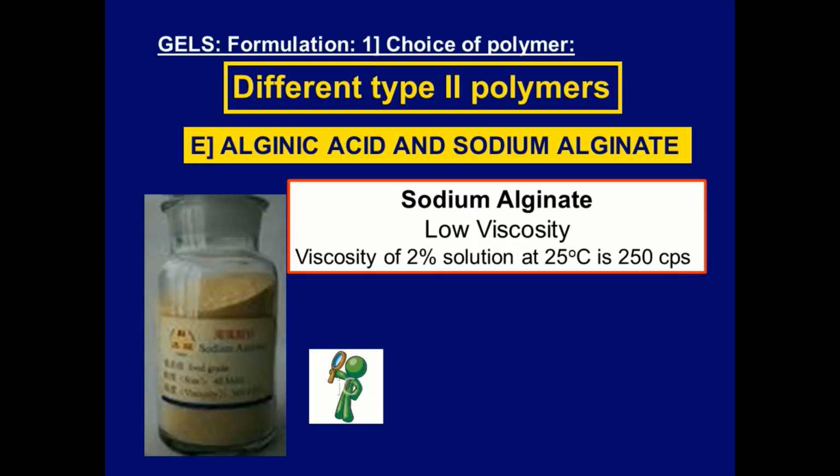Standardized viscosity, not just any viscosity. If you prepare a 2% solution at 25 degrees centigrade and measure the viscosity, you will find it 250 centipoise. And as we said, this is a very important advantage of alginic acid and its salts.